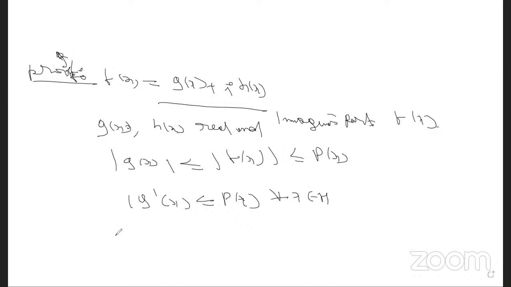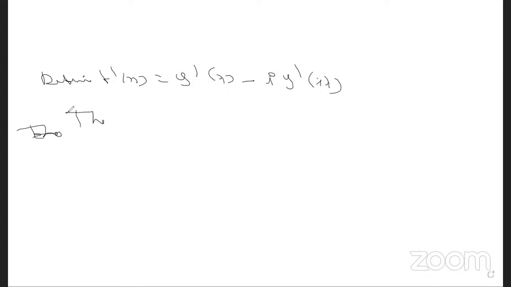So define f dash of x. Define f dash of x that equals g dash of x minus i into g dash of ix. Then f dash of x plus y equals f dash x plus f dash y.